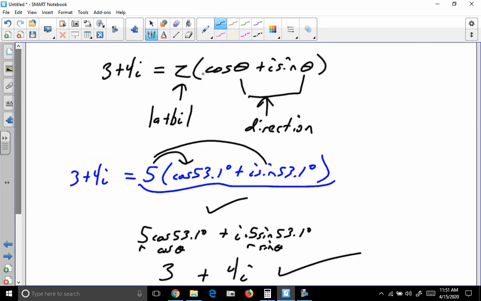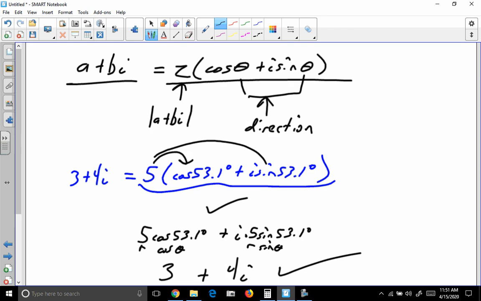So this is how we go back and forth between standard notation and trig notation for a complex number. Standard notation looks simpler, and there are times where standard notation is better to use, but there are also instances where trig notation is better to use.